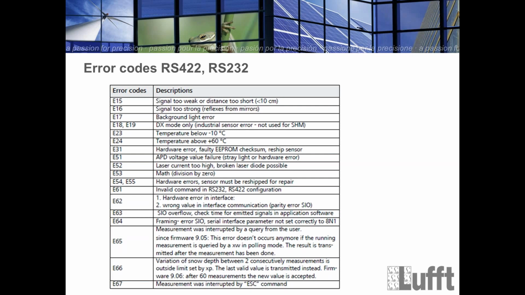Then you can set XP to 0.02, and you can be sure that if we have an overshoot due to a bird or a kind of animal or whatever, and you measure something different, then you receive an error instead of this confusing value, because it has not snowed 10 centimeters or 20 centimeters within this minute. So there's a faulty measurement, and this is a filter technique for removing faulty measurements.